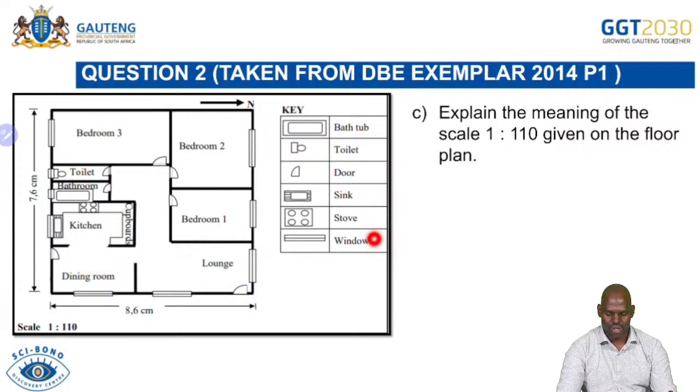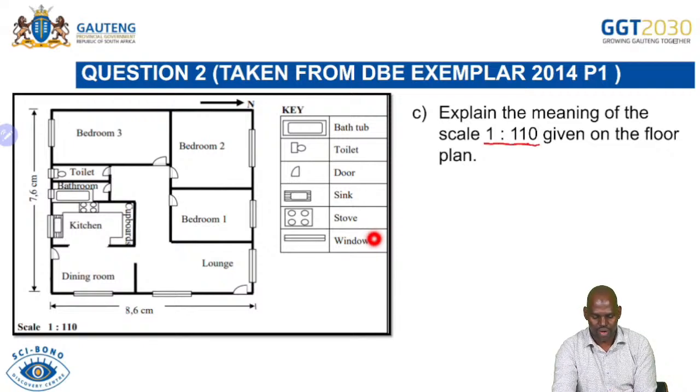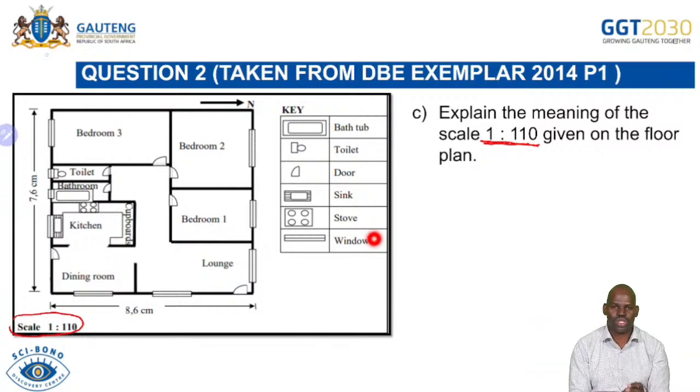Okay, then the next question is explain the meaning of the scale 1:10 given on the floor plan. A scale is given. What does it mean? Now we know that this plan has been reduced. In real life, this is way bigger than what you see there.